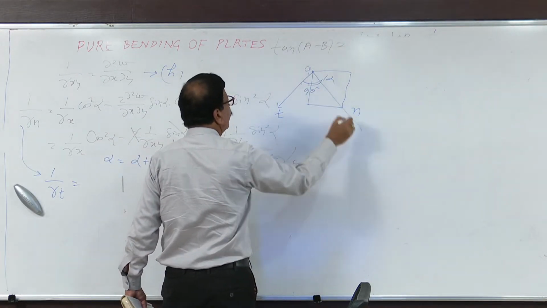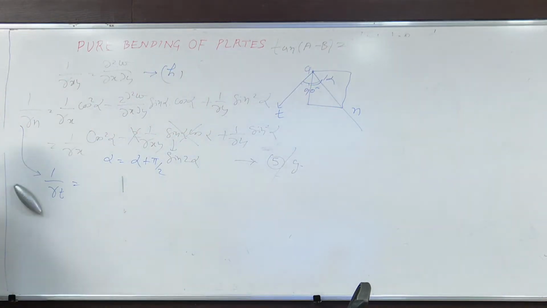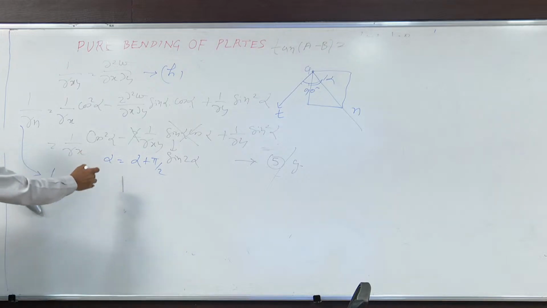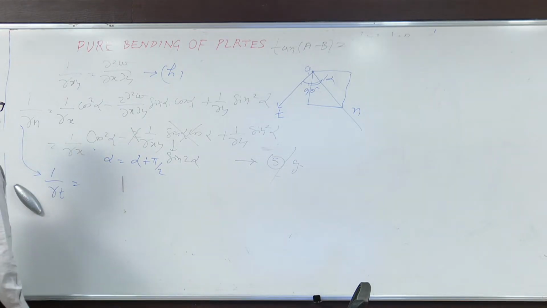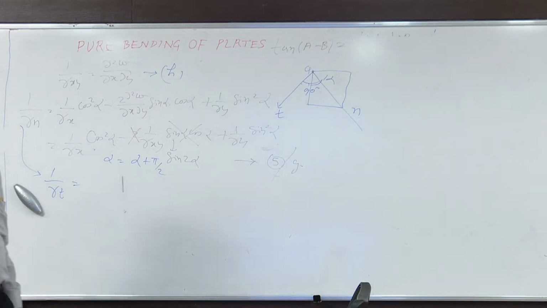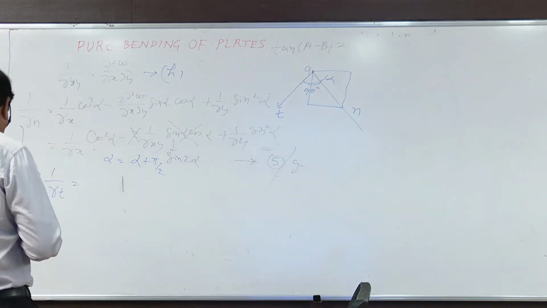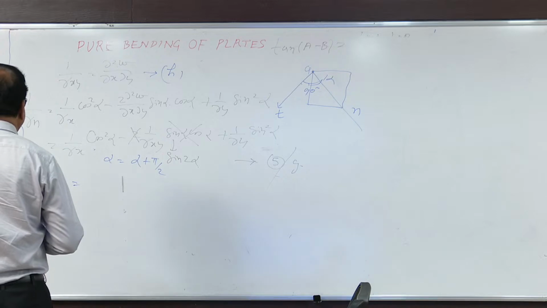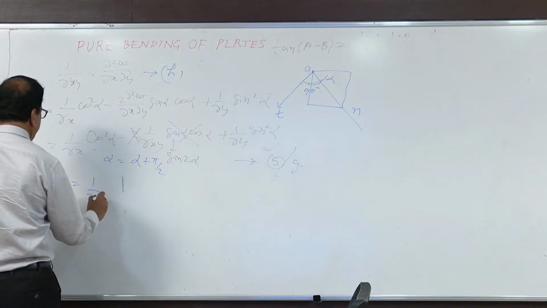So alpha में अपने को ये मिला Rn, now 90 plus alpha. So 1 upon Rt क्या मिलेगा from here? बताओ 1 upon Rx तो रहेगा ही.